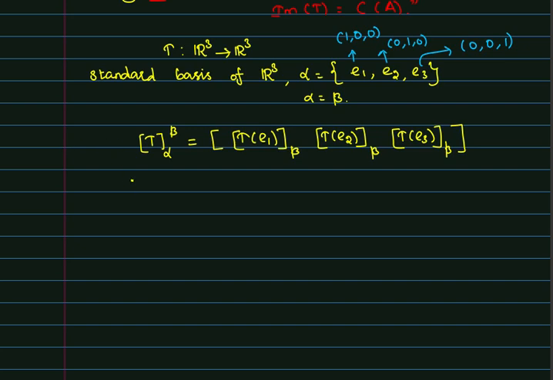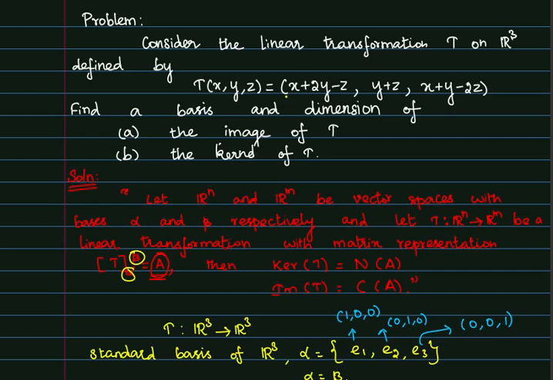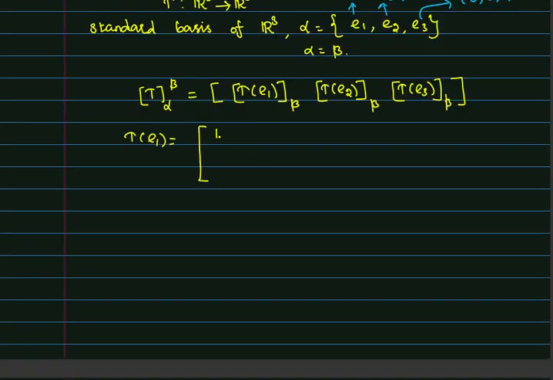What is T of E1? With my linear transformation x plus 2y minus z, it becomes 1, 0, 1. The coordinate vector of T of E1 in terms of beta is the same, because it is a standard basis.